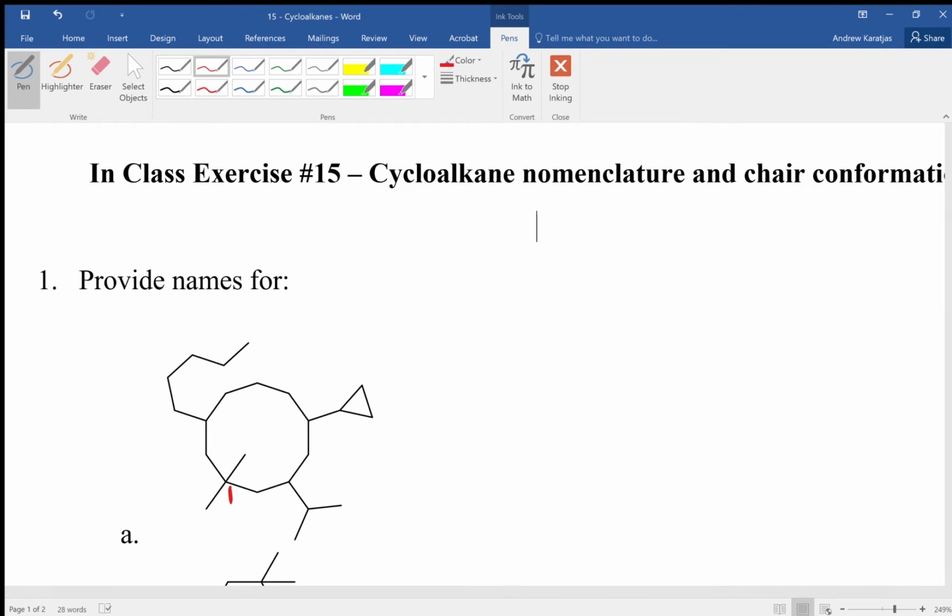Because if we start there, our first substituent is at 1 and our second substituent is also at 1. If we start anywhere else on the ring, our second substituent is going to be at a higher number. We should then number it in this direction.